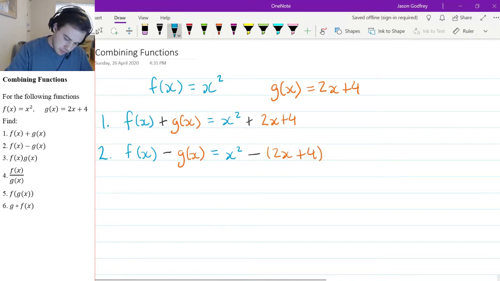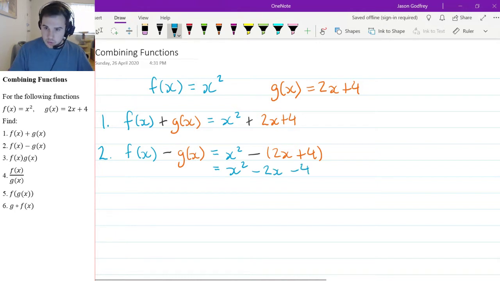So there is one simplification we can make this time, which is by distributing the negative through the brackets. So we've got x squared, minus times 2x is negative 2x, and a minus times a positive is negative 4. And again, there's no like terms, so nothing to simplify there.